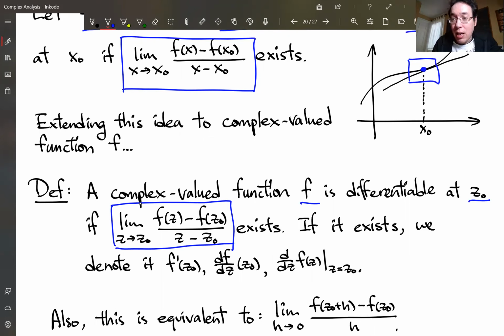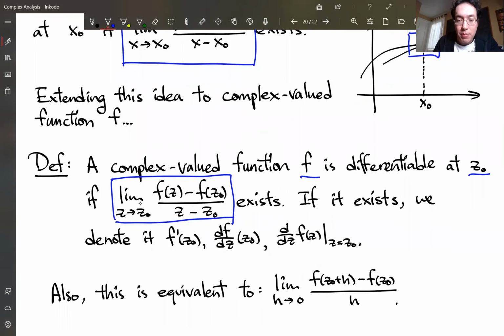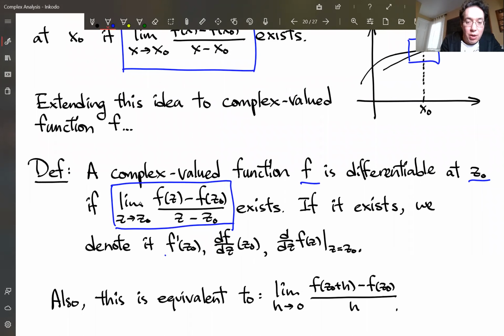But here, we're taking the limit as z approaches z naught in a complex sense. So it's a little different. If it exists, we're going to denote the derivative with f prime, df dz, or d/dz of the function f evaluated at z naught. So all of these are familiar notations we use for real differentiation.